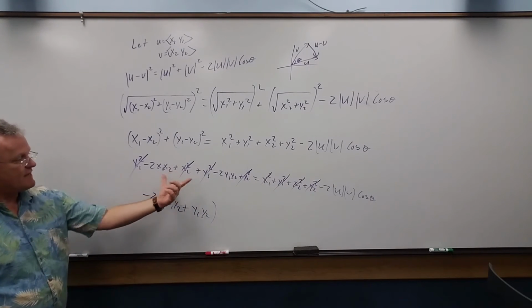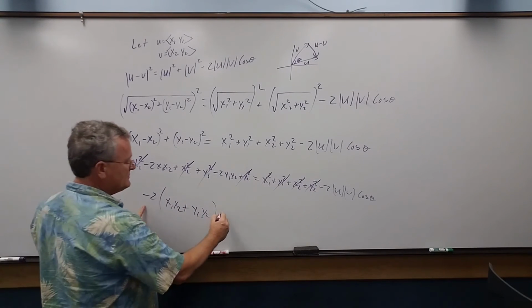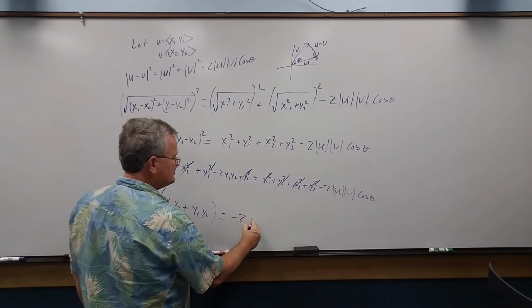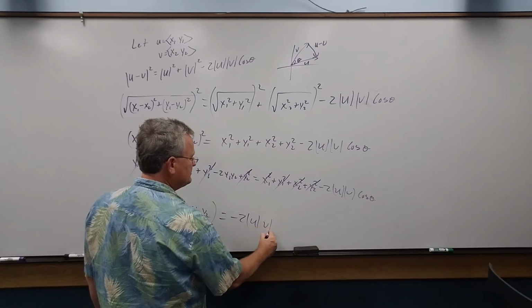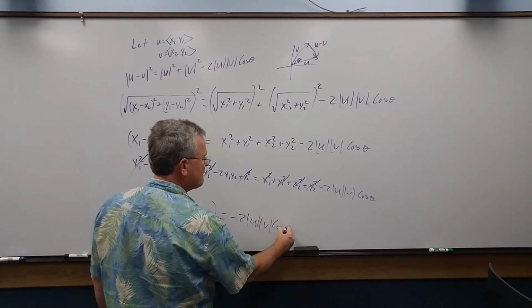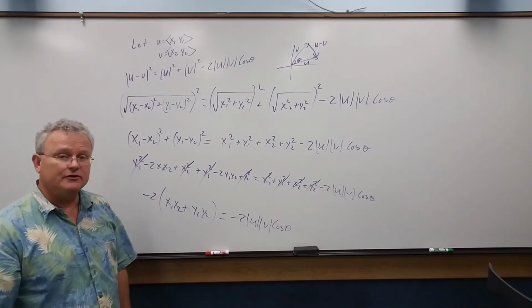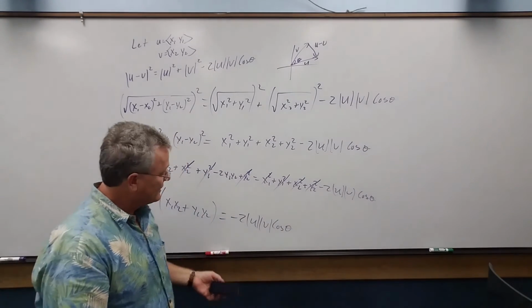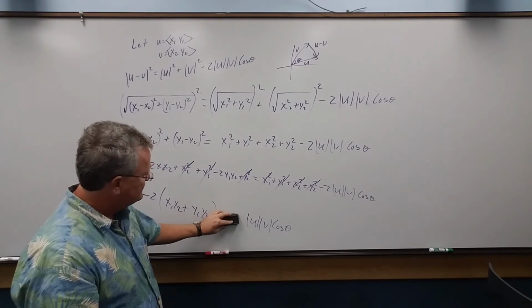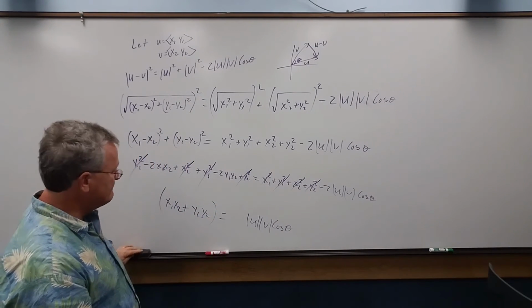So we end up with that after I factor the 2 out. And over here we get minus 2 magnitude u, magnitude v, cosine theta. Divide both sides by negative 2, and those go away.